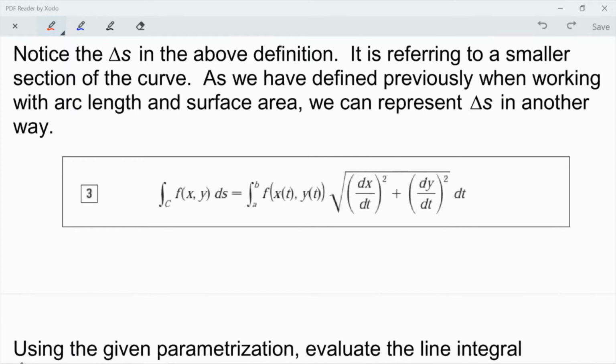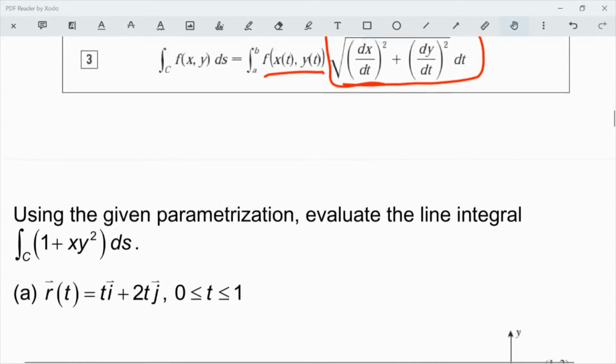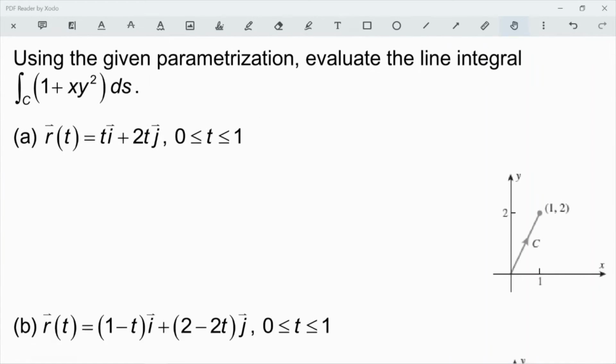Right now we're looking at this in 2 dimensions, so you can see that we've got our function in terms of x and y. Notice x and y are functions of t. And then here's my arc length piece of that. That's what ds is equivalent to when I think of it in terms of the parameters. Okay, so let's take a look at actually solving one of these out.